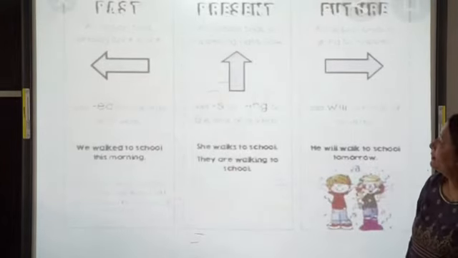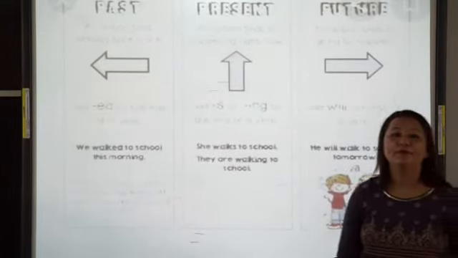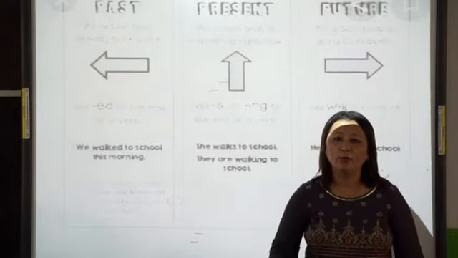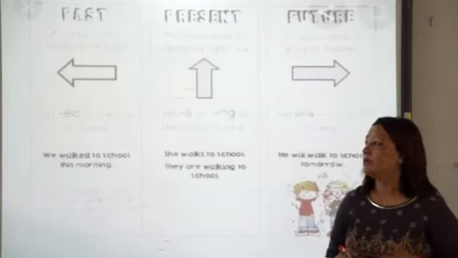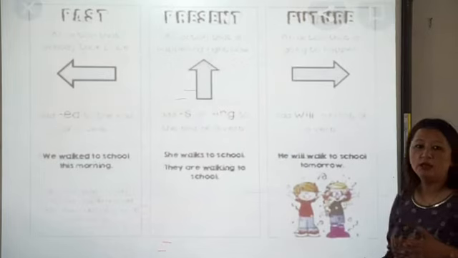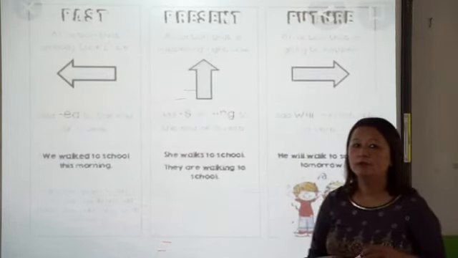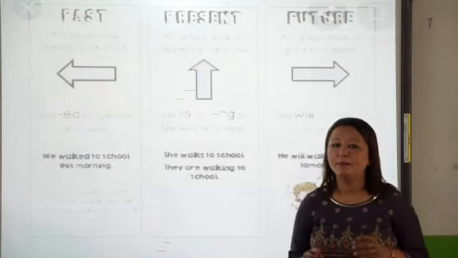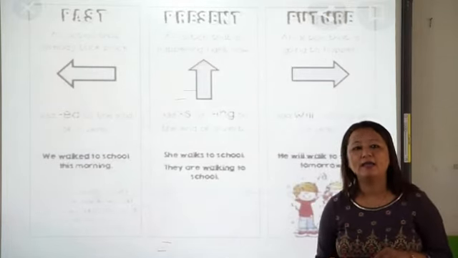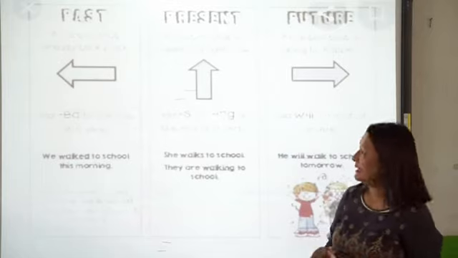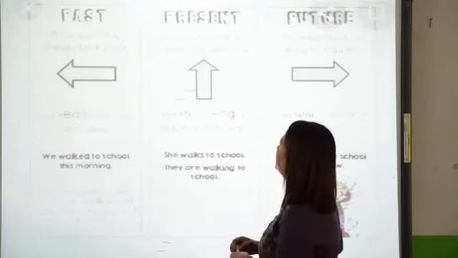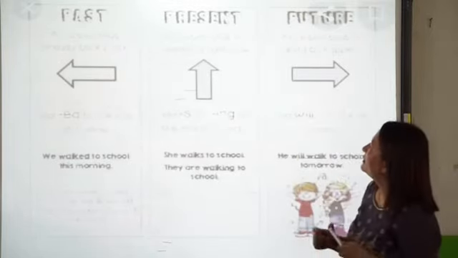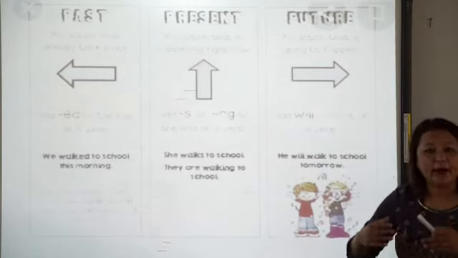Now, let's revise what we learned just now. We talked about three forms of verb, that is present, past and future tense. Present, an action that is happening right now.